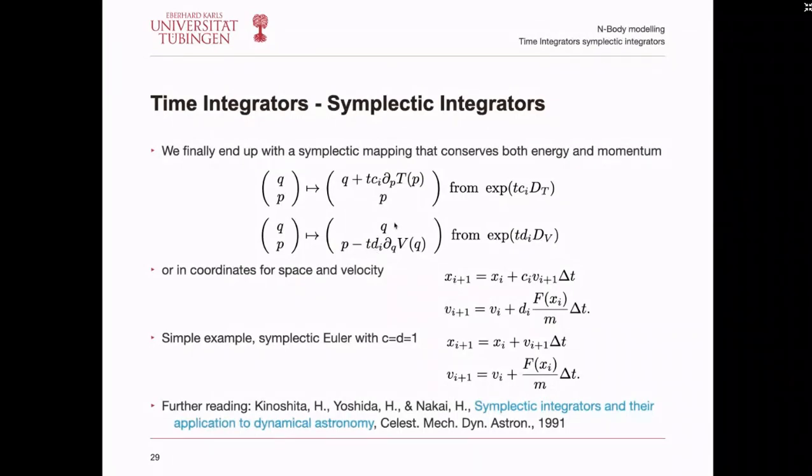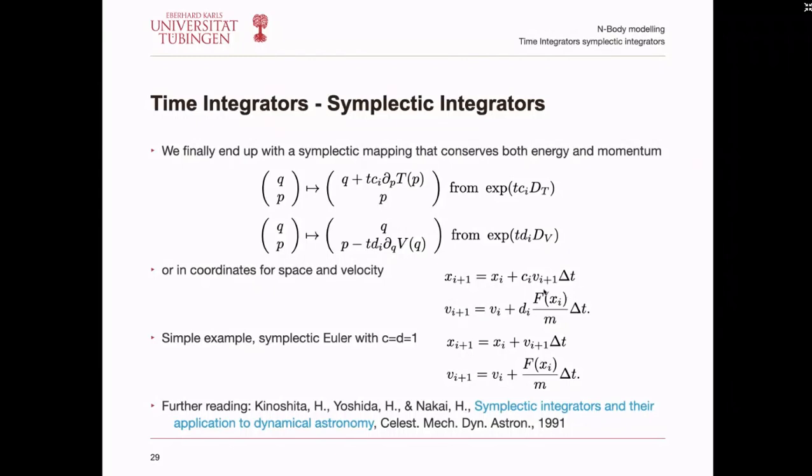Okay, and if you translate this back into coordinates for space and velocity, you end up with these equations where the new positions are given by the old positions plus some coefficients times the velocity at the new time step delta t, and the velocity is given by the old velocity plus this force. This is the D_V translated to space and velocity, which gives us this force term here.